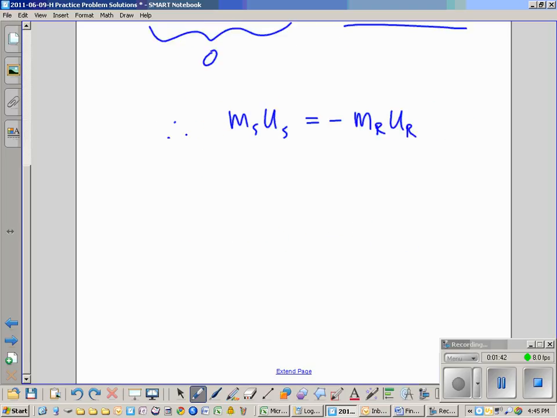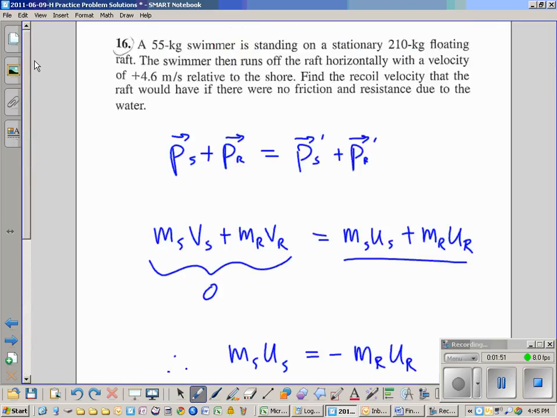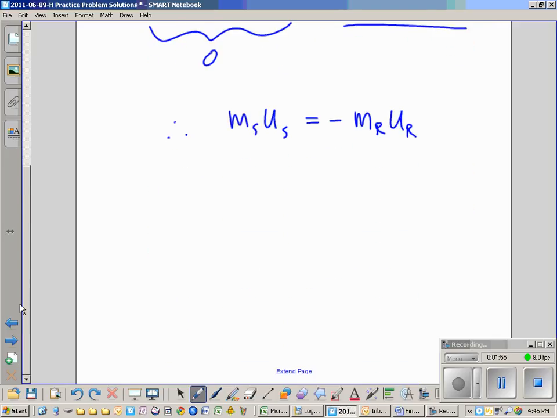Actually, we'll end up flipping that around, because let's solve for the velocity of the raft, which is what we're asking for, the recoil velocity of the raft, provided there's no friction. Now I know that the water would probably grab the raft a little bit more than we're allowing for here. It's more like if you stepped off a skateboard is what we'd be solving for here.